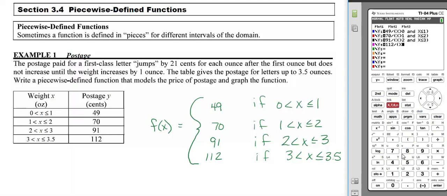So x is greater than 3, put in our logical operator of AND, x is less than or equal to 3.5, and close the conditions. And let's see what the graph looks like there.